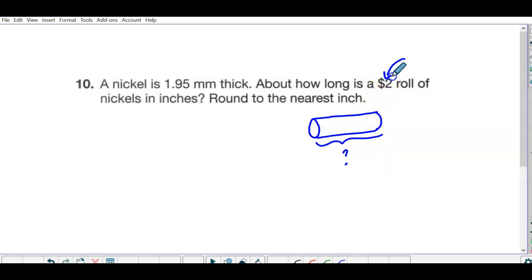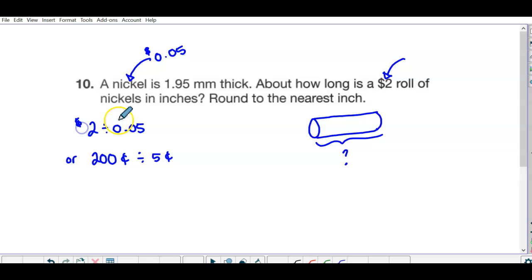It tells you that it's worth $2, and you need to remember that a nickel is worth 5 cents. So how many nickels are in that roll, first of all? You want to take $2 and divide by 0.05, or you could say $2 is 200 cents, and divide by 5 cents. Either way, you get 40. So there are 40 nickels.